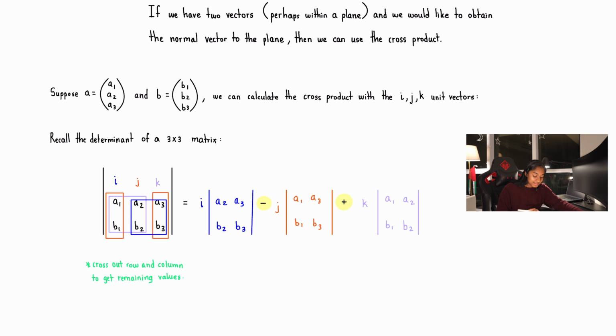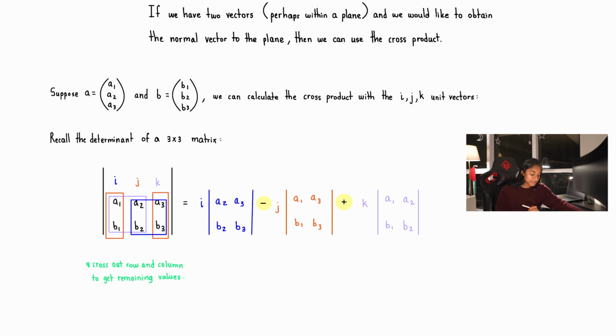Then we're going to do the exact same thing for j. Remember, this will be a minus sign in front of j. So we cross out the row and the column, and what is left? A1, B1, and A3, B3, okay?